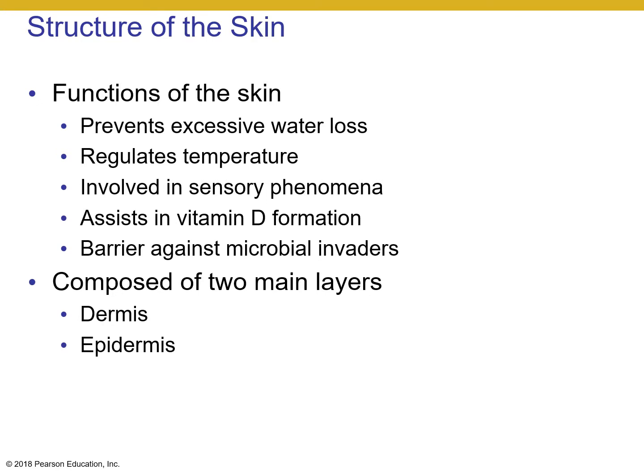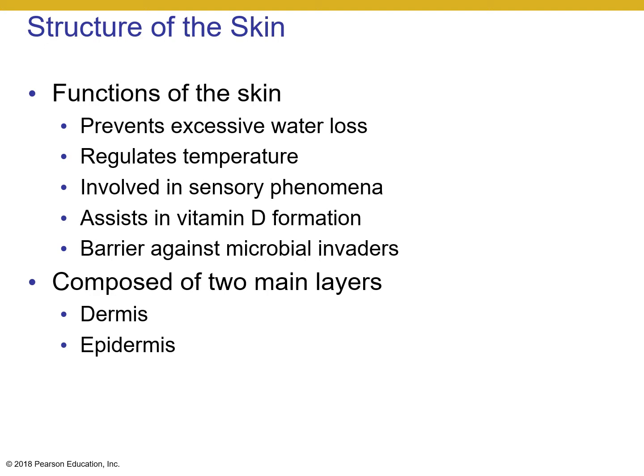Here we go. So the first thing we need to do is review a little bit about the skin. You remember from anatomy and physiology that the skin has many functions, but mainly it is a barrier. It helps us from dehydrating, it helps regulate temperature, we touch, we feel, we can sense heat, cold, pressure, pain.